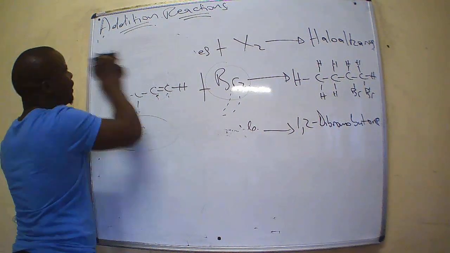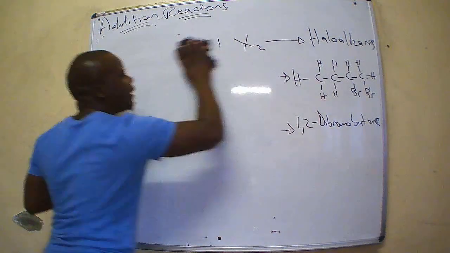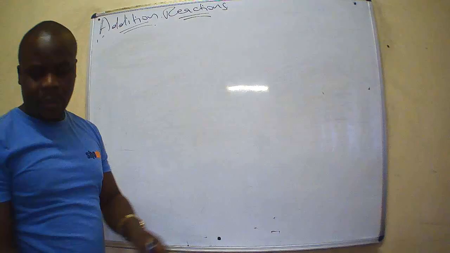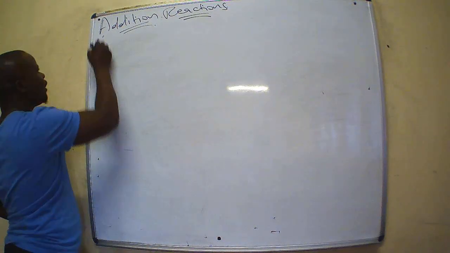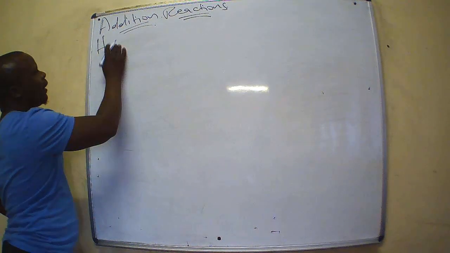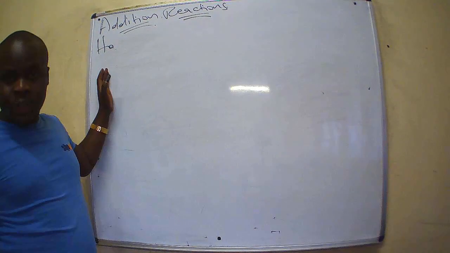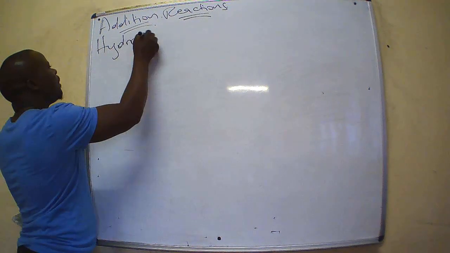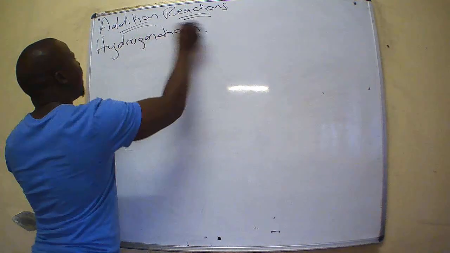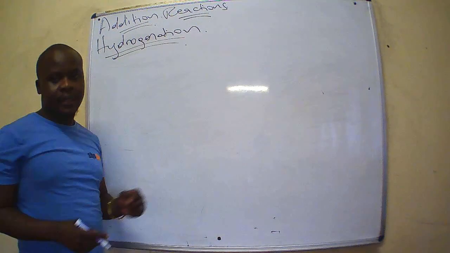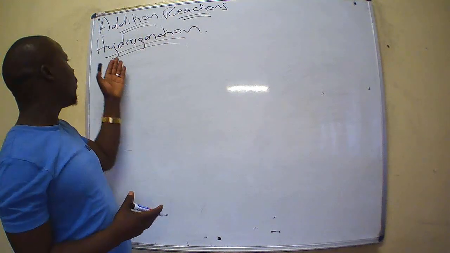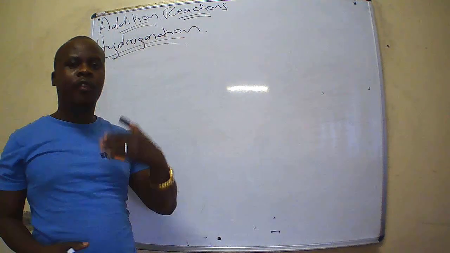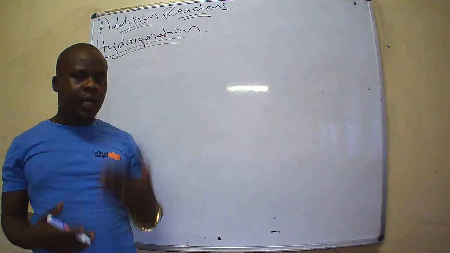After halogenation, let's also take a look at hydrogenation. How does hydrogenation take place? From the word itself, hydrogenation is the addition of hydrogen gas to an alkene.